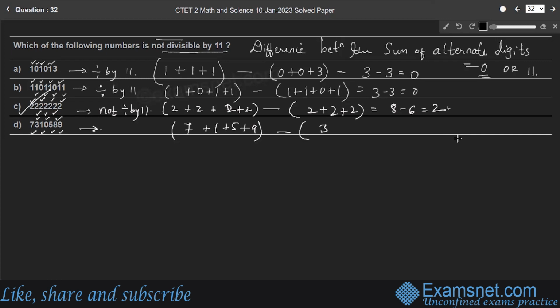So 3 plus 0 plus 8, which is equal to 11. 7 plus 1 is 8, 8 plus 5 is 13, 13 plus 9 is 22, minus 11, which is equal to 11. So the difference between the sum of the alternate digits is equal to 11. Therefore, the last number is also divisible by 11. For the given question, option C is the right answer, which is not divisible by 11.